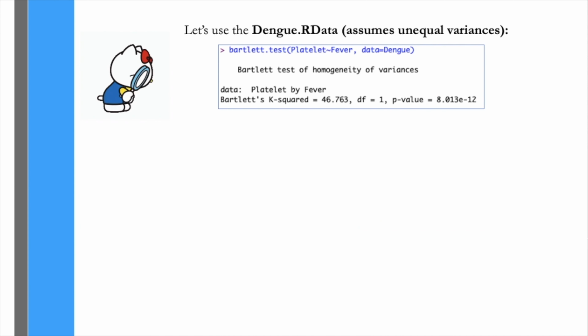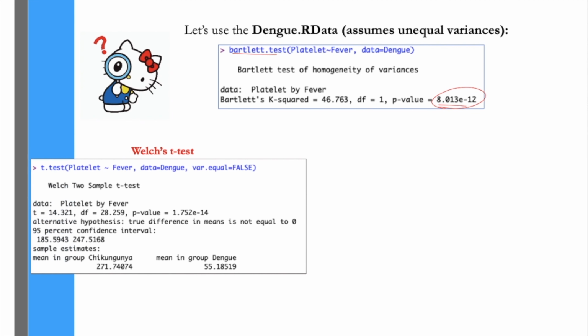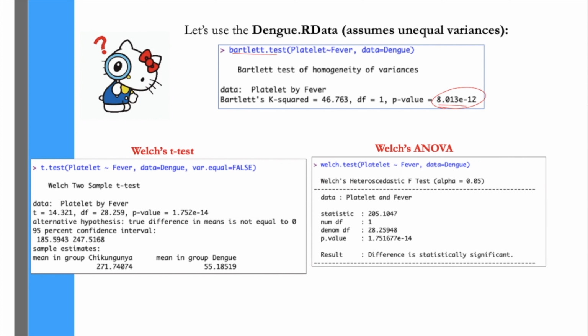And moving on, let's have the dengue.R data, which assumes unequal variances because the p-value based on the Bartlett's test is less than 0.05, indicating that the null hypothesis that the variances are equal was rejected. In making use of the Welch t-test, we have this result, and in making use of the Welch ANOVA, we have this result.